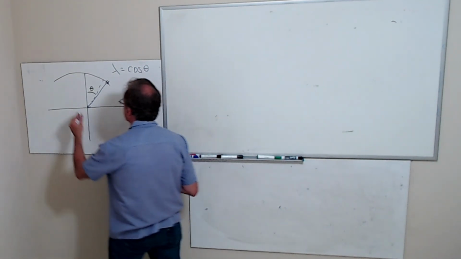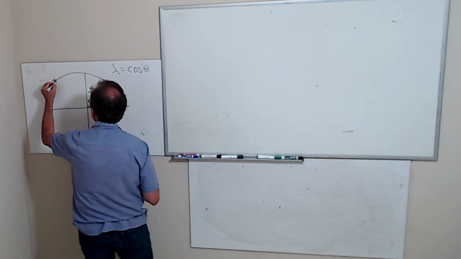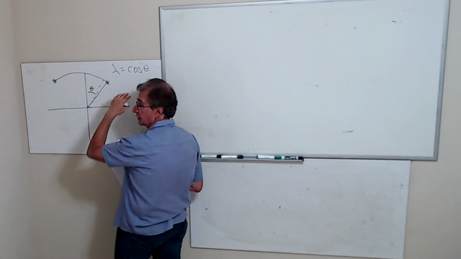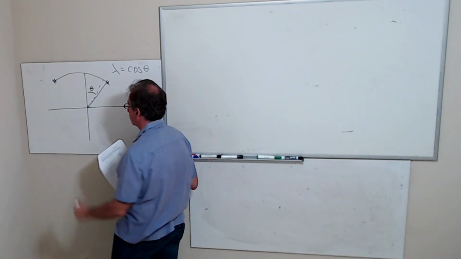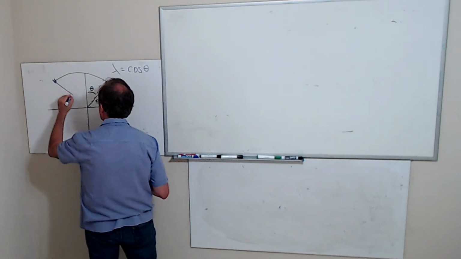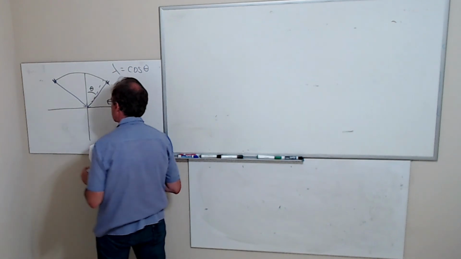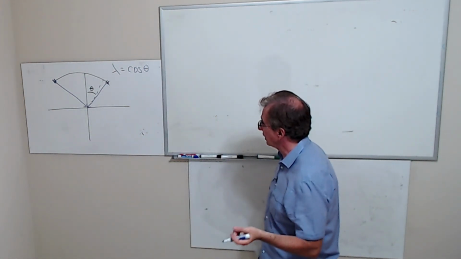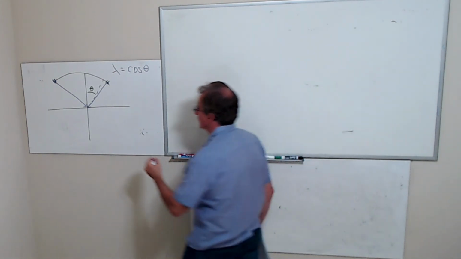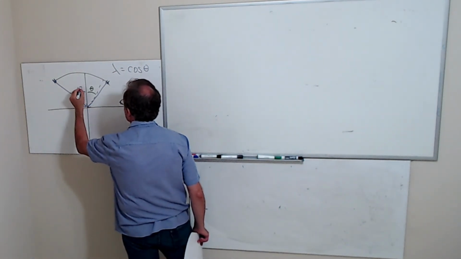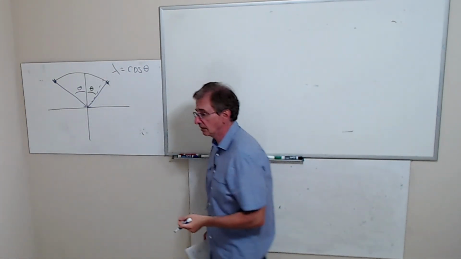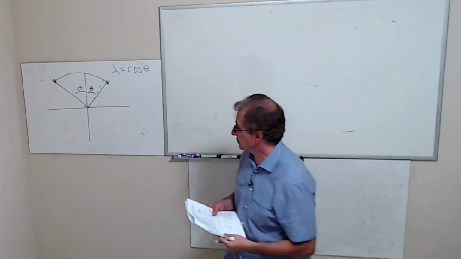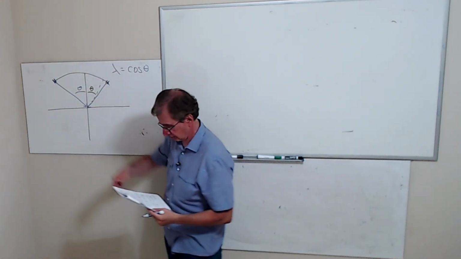Now, on this end, this angle's negative, but the cosine of a negative number is a positive. That electric field component points that way. And what you see is that if I go to the same angle in the other direction, you can see that the x components will cancel and the total field points straight down.